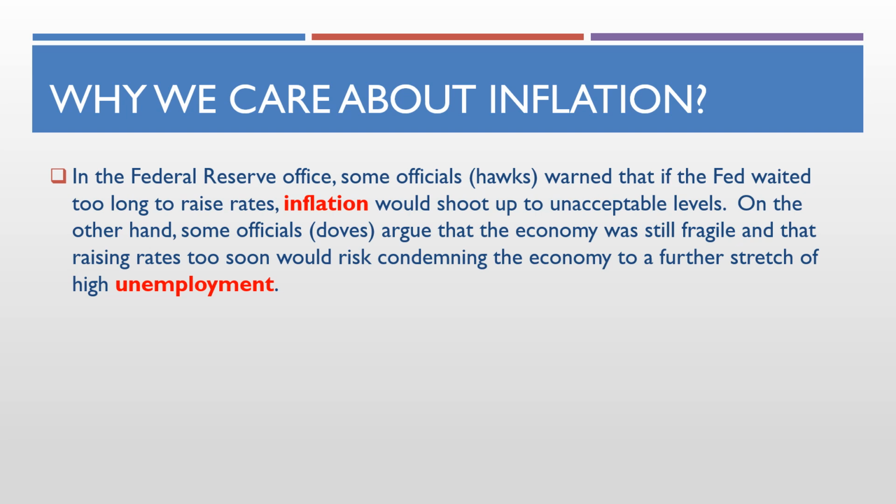There's a group that we call the hawks. The hawks are the group of officials who care more about inflation changes. They want to target inflation more, to make sure that the price level is stable over time.